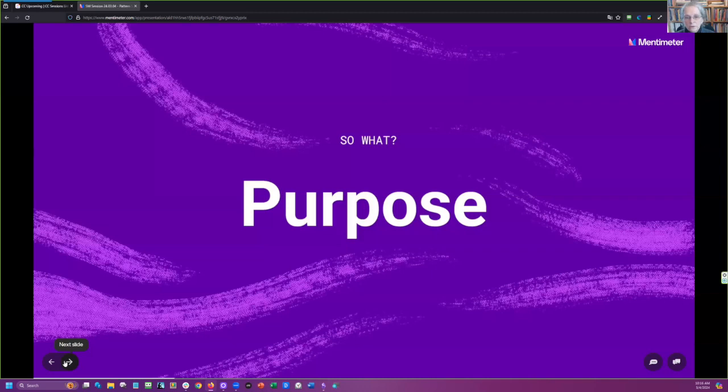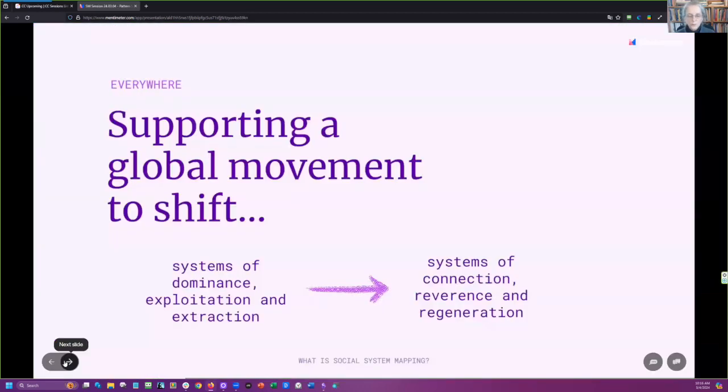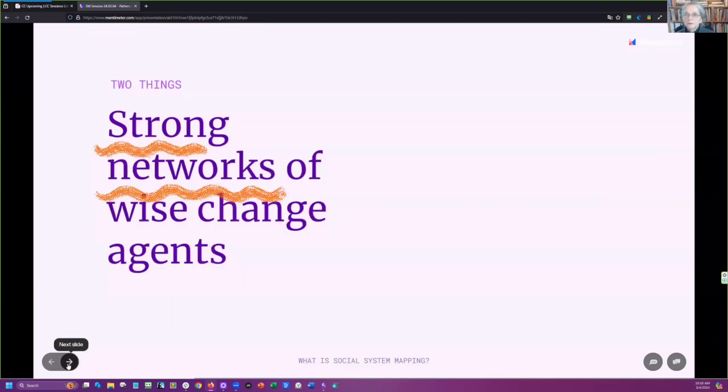So why are we doing this? Well, the purpose of social system mapping is to support a global movement that you are all working on in one way or another, and that is happening all over the world in all the different places and systems and focuses, to shift from systems of dominance, exploitation, and extraction to systems of connection, reverence, and regeneration.